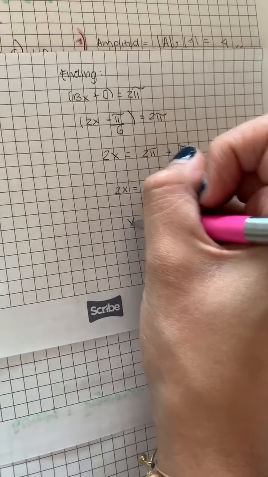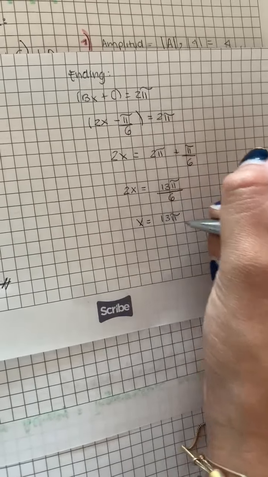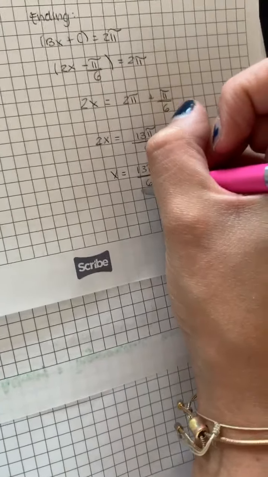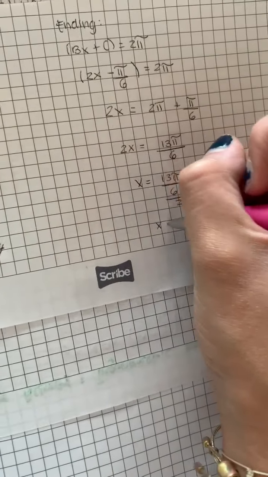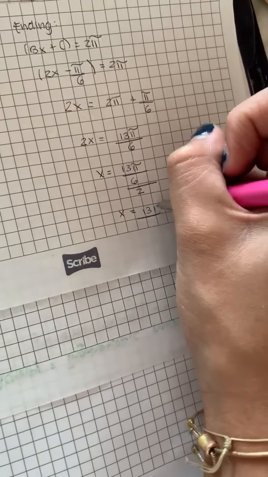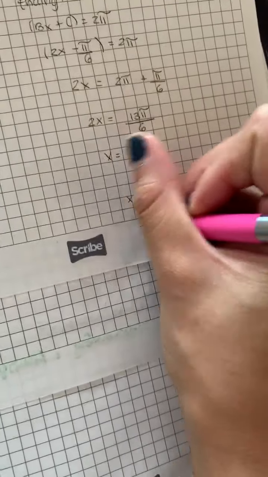And then your final result is going to be 13 pi's over 6 over 2. It's going to be 13 pi's over 12. This is your final result for the ending.